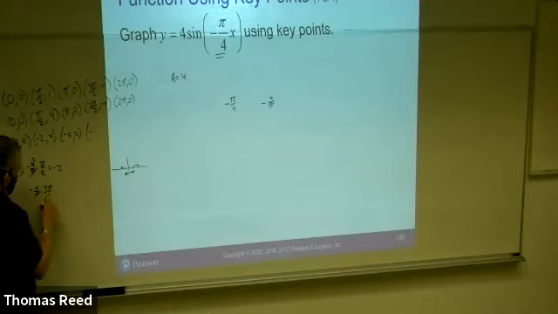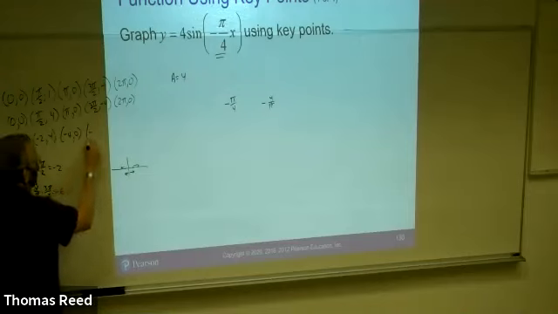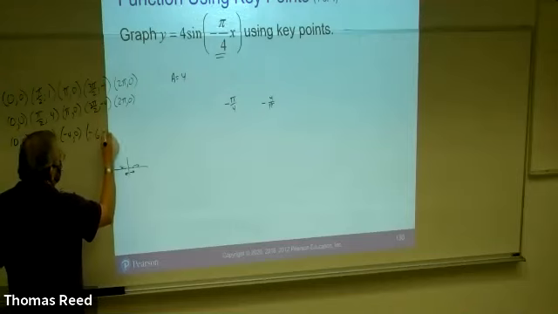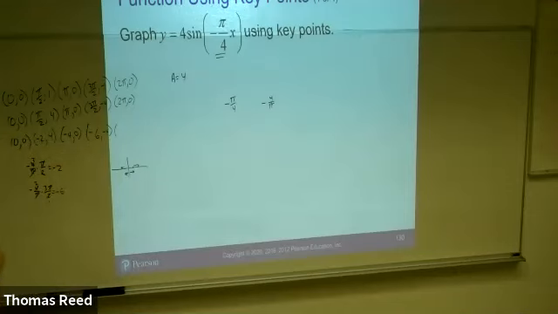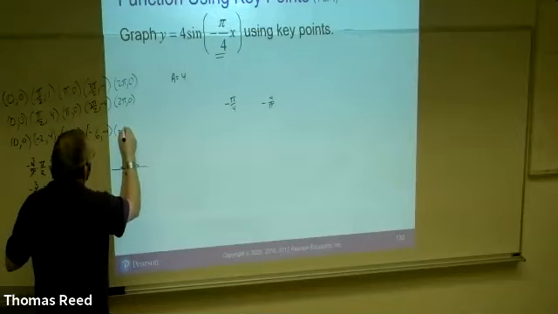Those go away, this goes to 1, this goes to 2, so this is a -6, -4. And the 2 pi, 0 becomes 8 pi, just -8, 0.